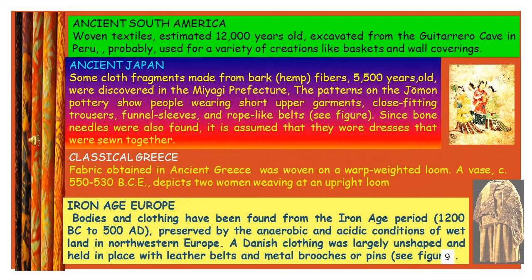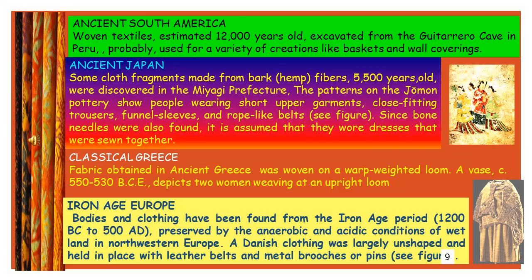Ancient South America. Woven textiles estimated 12,000 years old, excavated from the Guitarrero cave in Peru, were probably used for a variety of creations like baskets and wall coverings. Ancient Japan. Some cloth fragments made from hemp bark fibers, 5,500 years old, were discovered in the Miyagi prefecture.